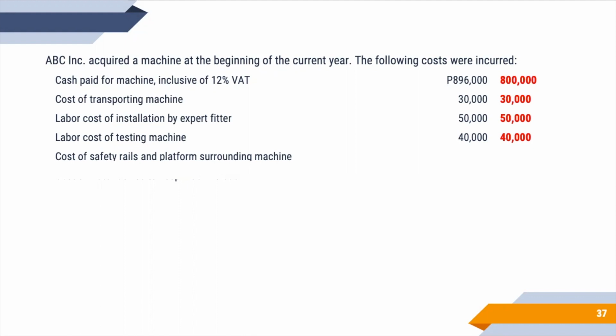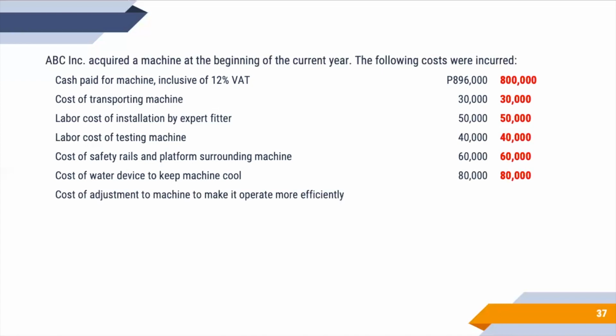Cost of safety rails and platform surrounding machine, 60,000. Capitalize 60,000. Cost of water device to keep machine cool, 80,000. Capitalize 80,000. Cost of adjustment to machine to make it operate more efficiently, 75,000.